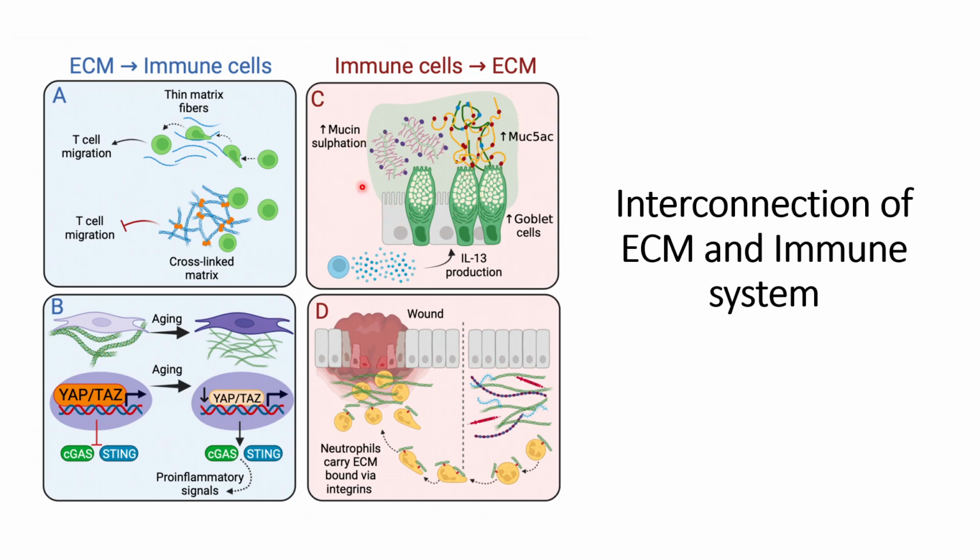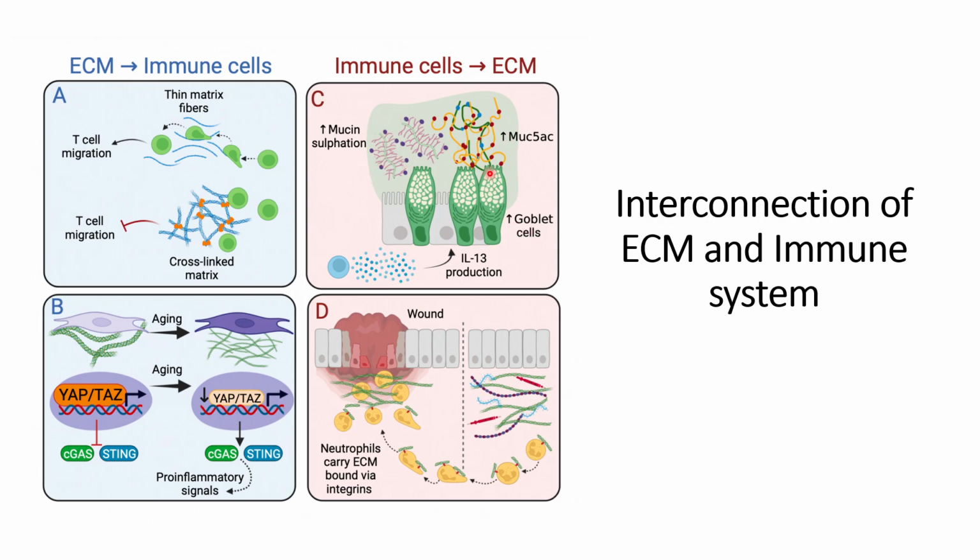Next, we will understand the effect of immune cells on the ECM, the reverse effect. In this case, what people have found is that interleukin 13 production by the immune cells increases MUC5AC production, and also the sulfation of the mucin. This will help in restoring the mucin, in which the sulfation has been found to be reduced.